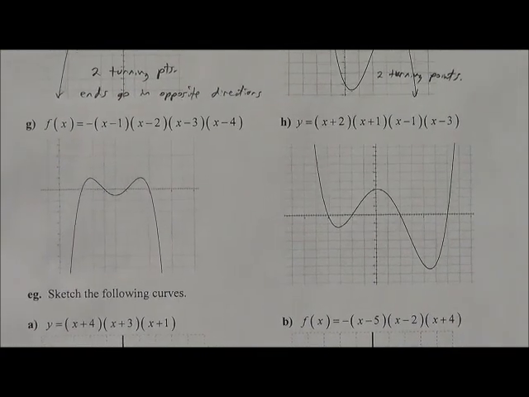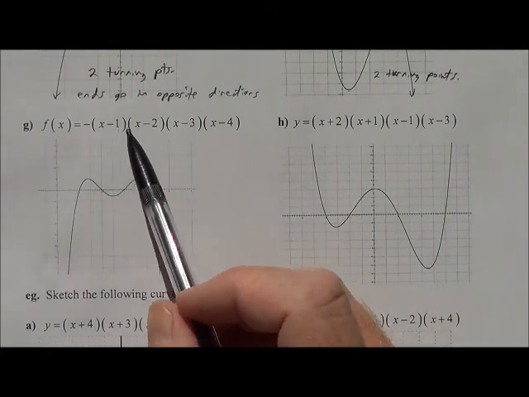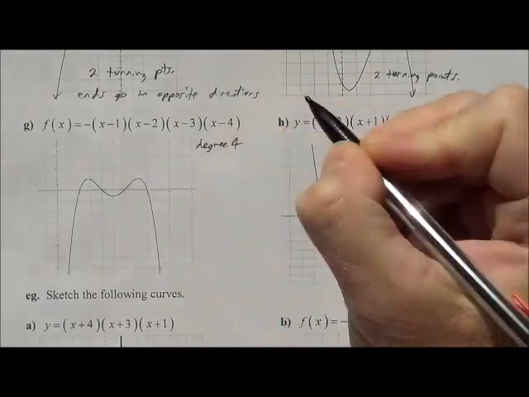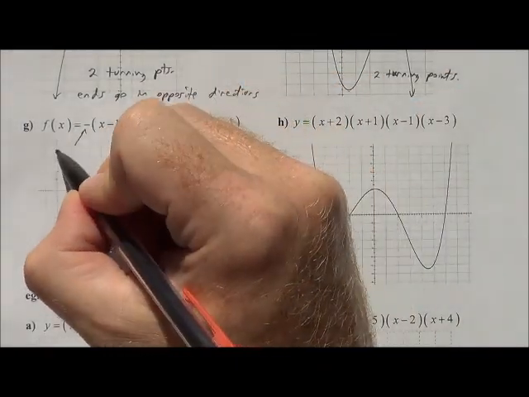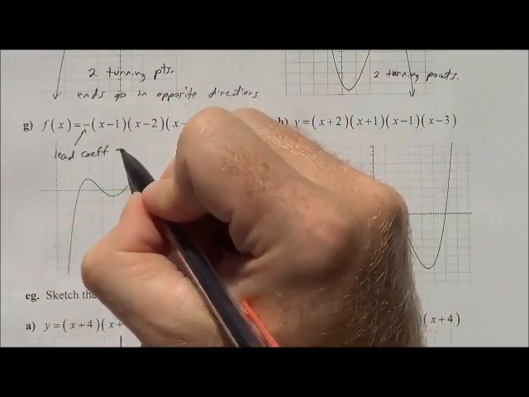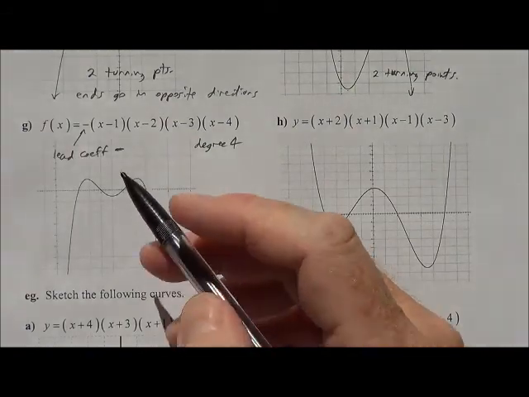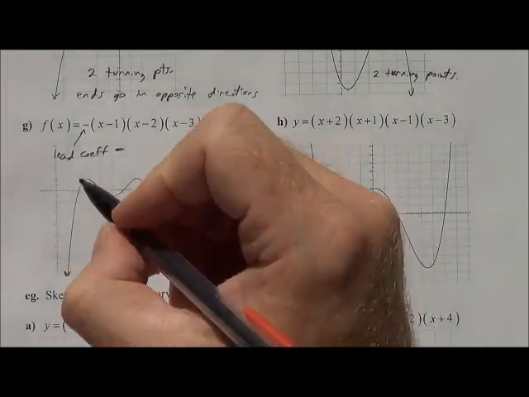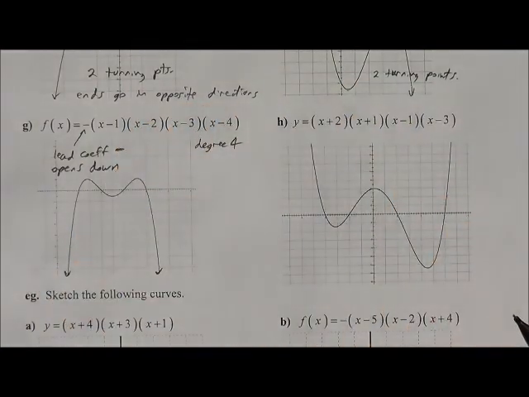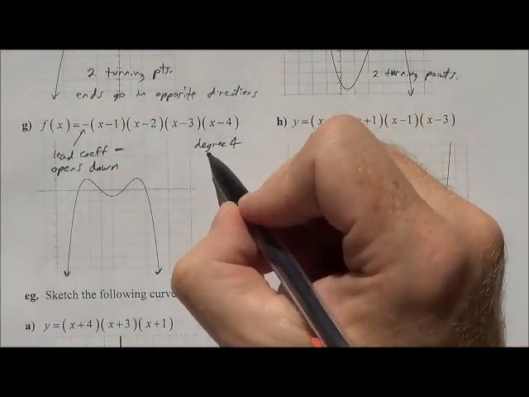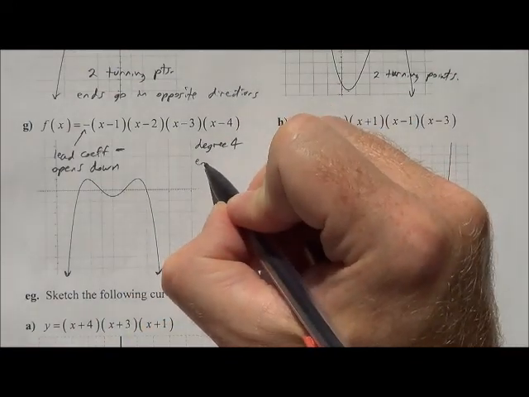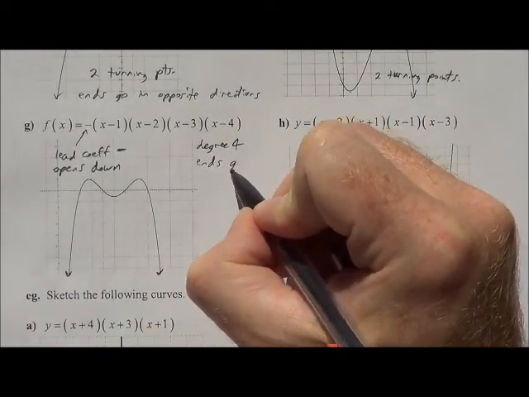And now we're into the quartics. 1, 2, 3, 4. Okay, that's degree 4. Lead coefficient is negative, which indicates, in this case, it's opening down. Because of the degree, the ends are going in the same direction.